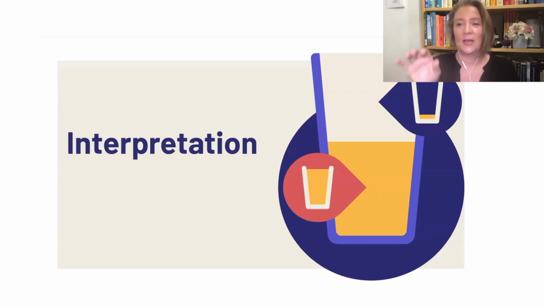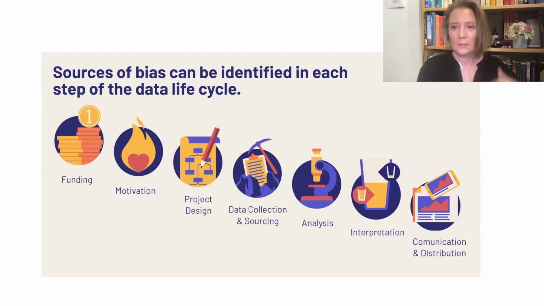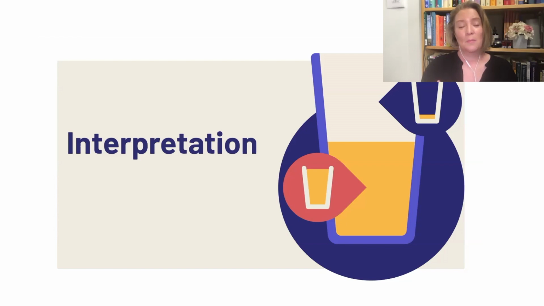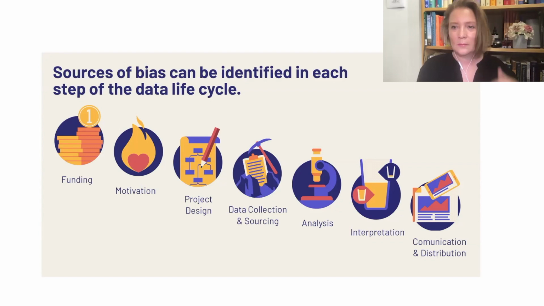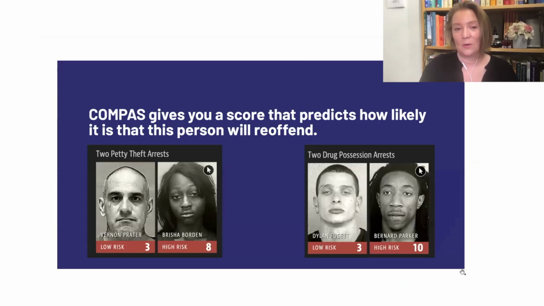Interpretation is a really important step in data journalism and is probably the step where the most equity and ethical issues come up, because interpretation is where you need to build a story or embed a narrative into mathematical or statistical results.